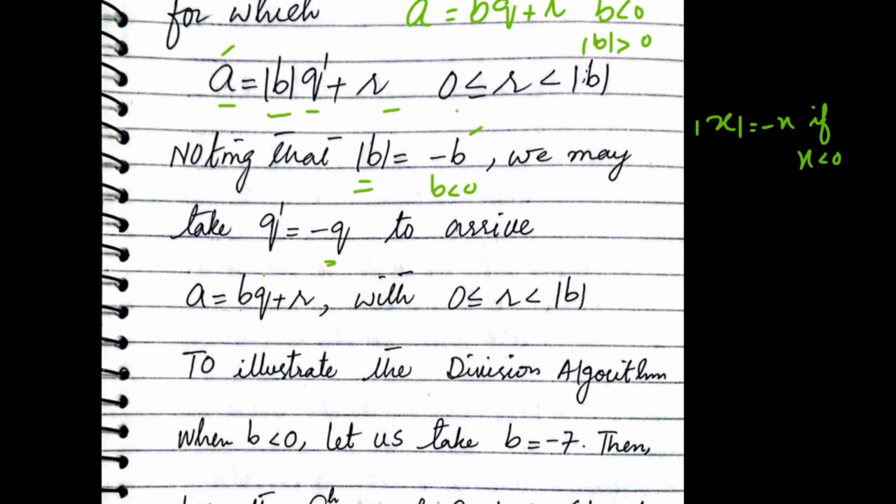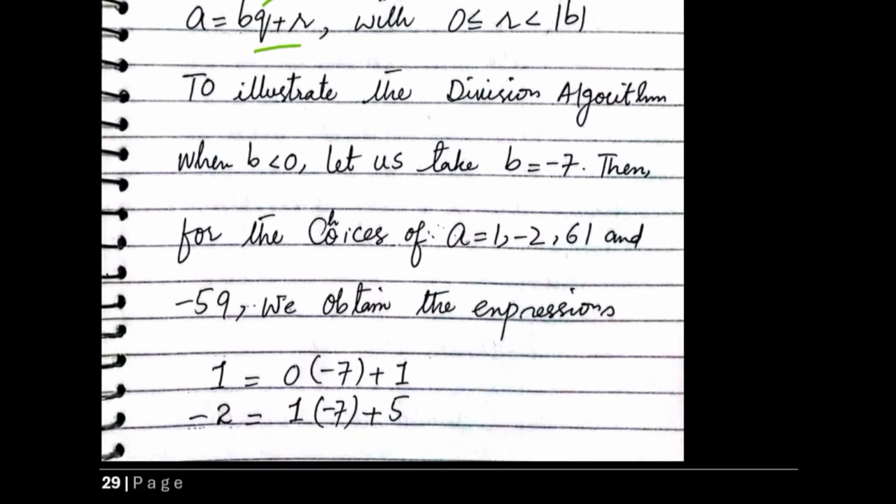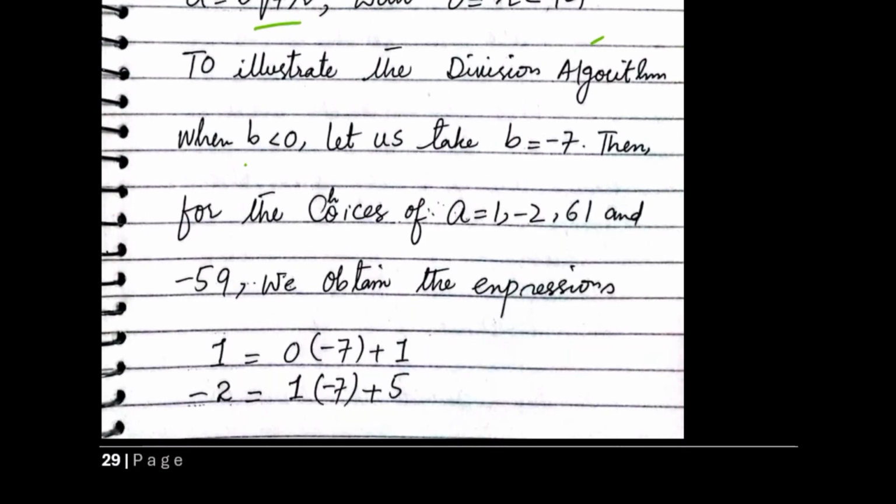If you replace q dash with minus q and |b| with minus b, we arrive at a is equal to bq plus r, with r lying between 0 and |b|. Further, by a few examples, we can illustrate the division algorithm when b is negative.